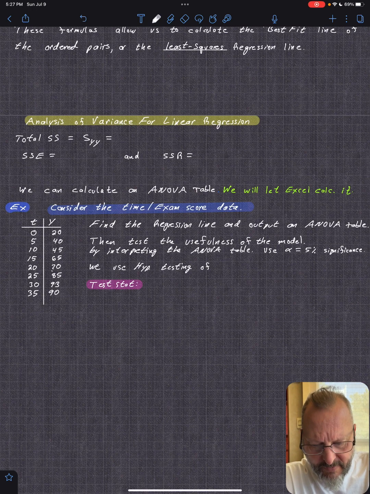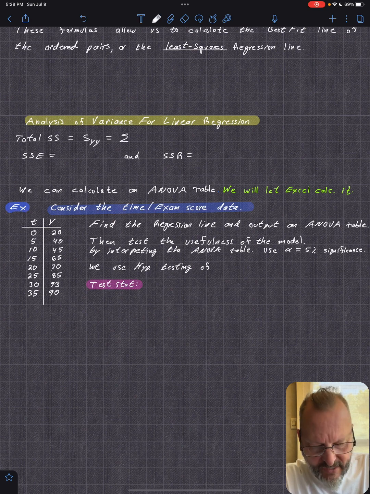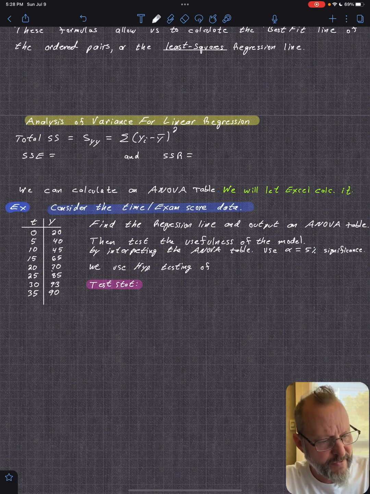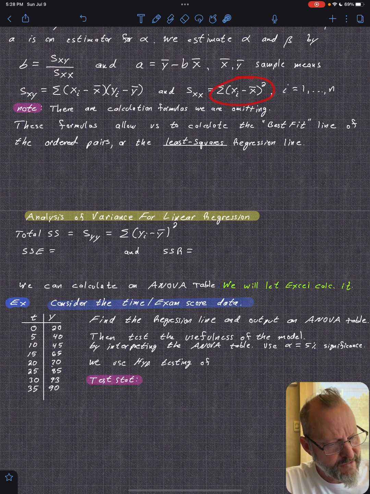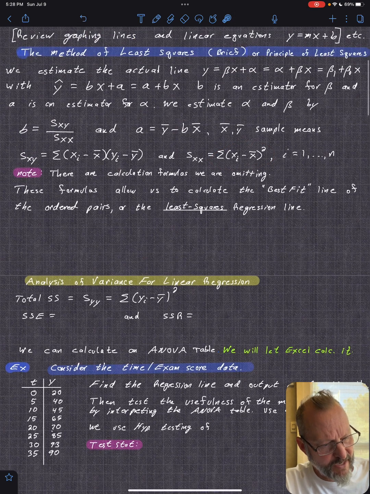So the total sum of squares, SYY, is the sum of the y's, the dependent variables, Yi minus y bar squared. That's really the same as this one, but with the y's.